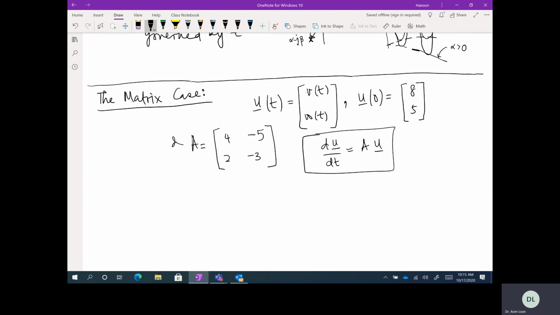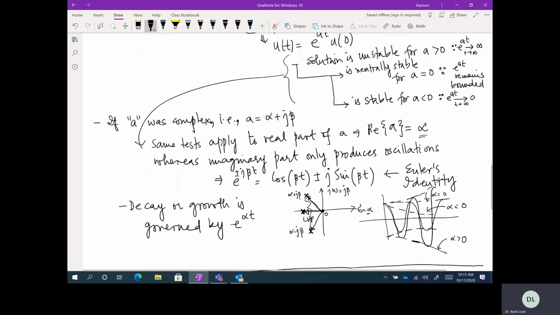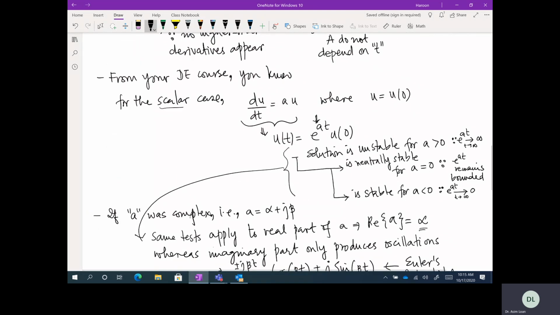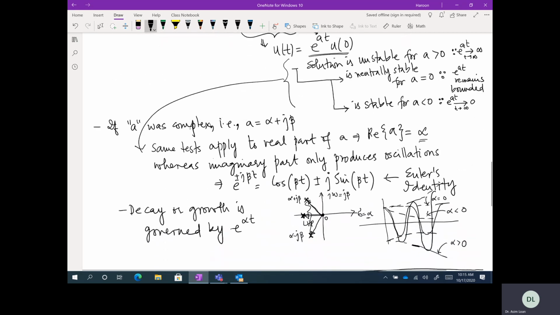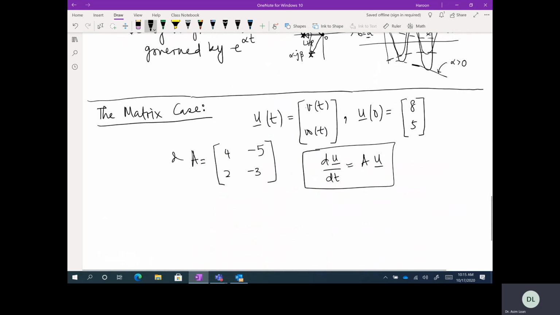So since for the scalar case we have an exponential solution, it's just logical to assume the same is the case when we have the matrix case.